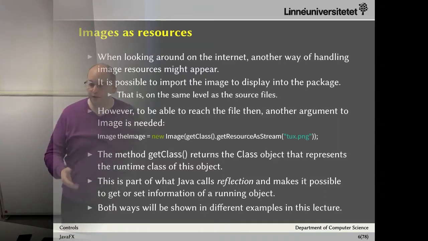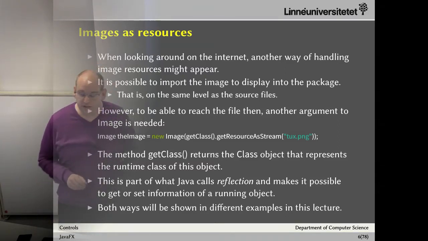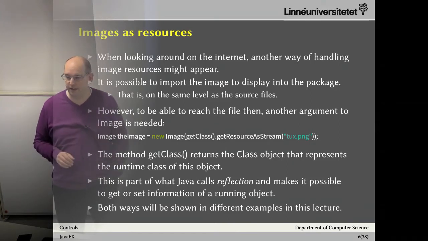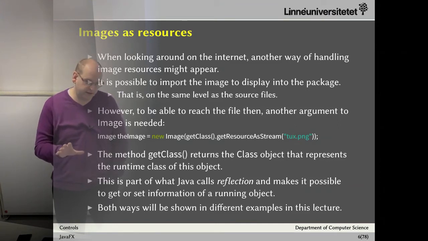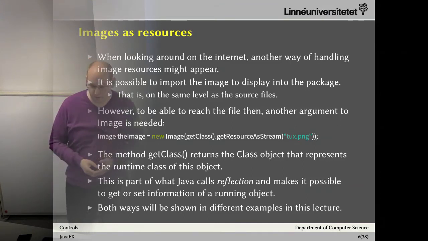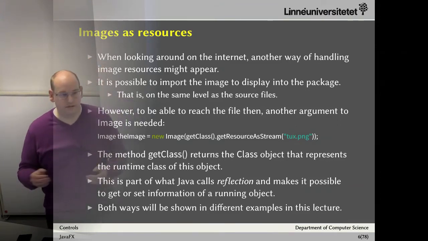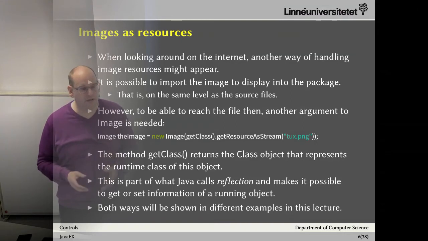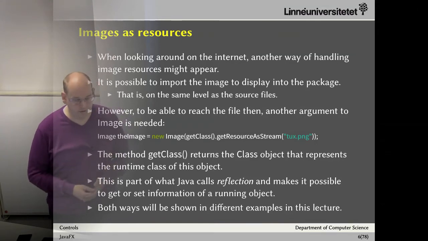Another reason for using this way is because loads and loads of examples on the internet show it in this particular way. So it's important to know the different ways of doing it. Other than that, there's no difference. As soon as you've loaded the image and the image is in the image object, then you use it as before.